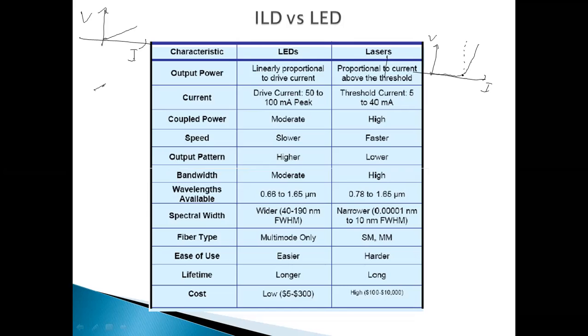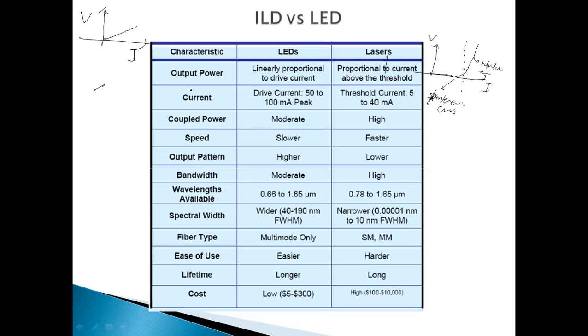So these are the two regions for the laser diode. This is spontaneous emission, and this is stimulated emission. You can recall back and refer to the notes that we have covered before.